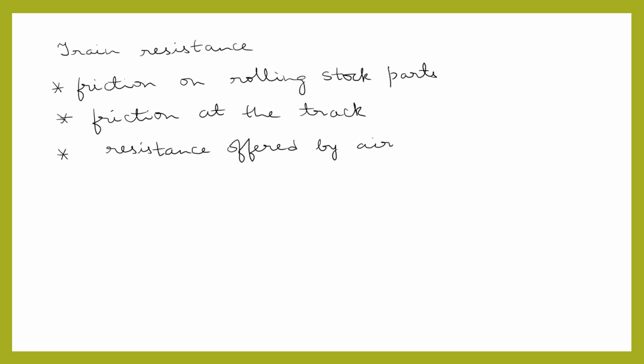So the first two factors, they are called mechanical resistance, and it is assumed to be proportional to the weight of the train, whereas the resistance offered by the air on the front end of the locomotive is known as head resistance, and on the sides, top and undersides of the coach is known as skin friction.